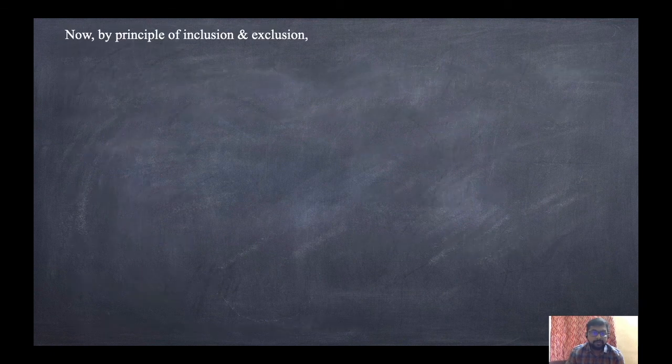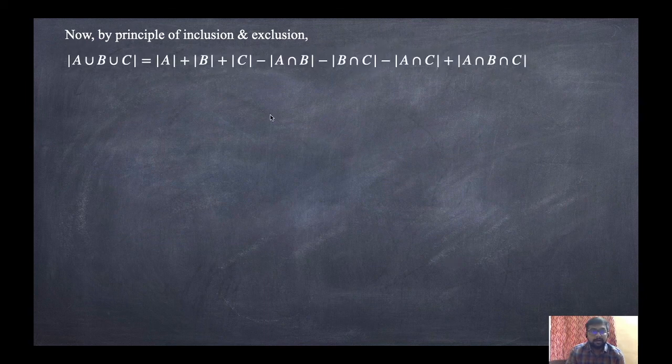Now, by the principle of inclusion and exclusion for three sets, the cardinality of A union B union C is mod A plus mod B plus mod C, minus mod of A intersection B, minus mod of B intersection C, minus mod of A intersection C, plus mod of A intersection B intersection C.